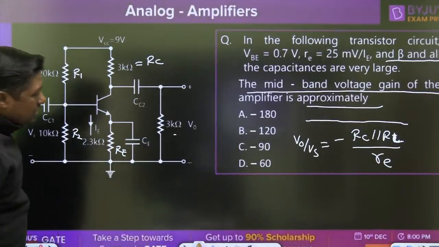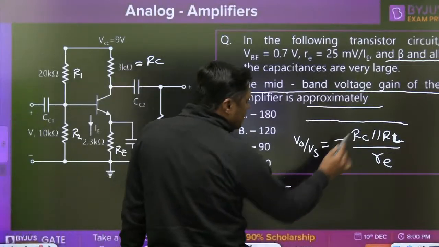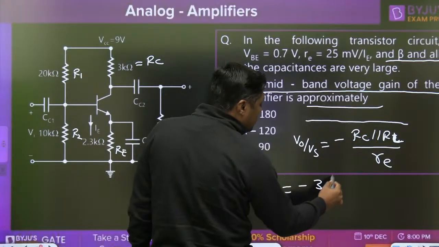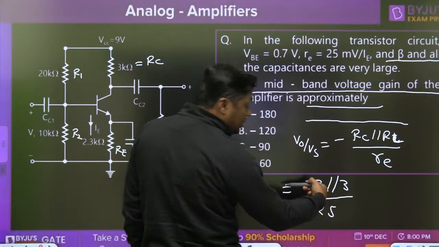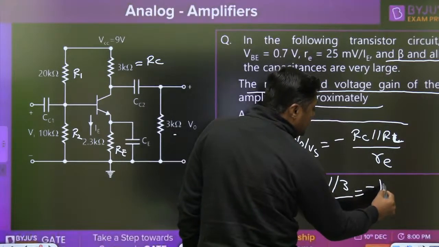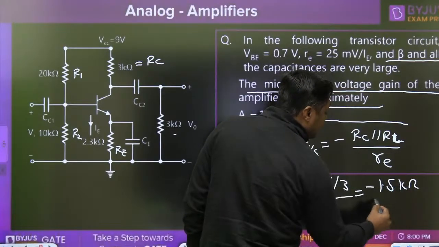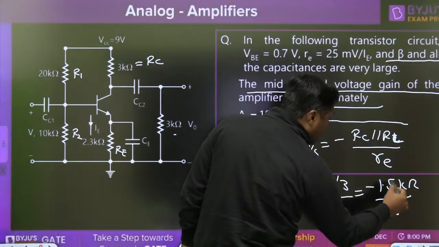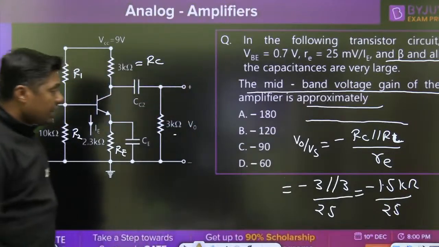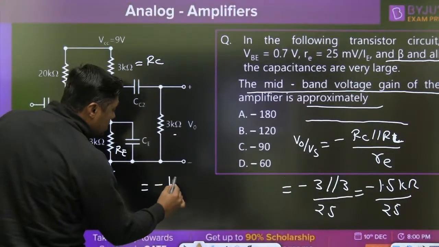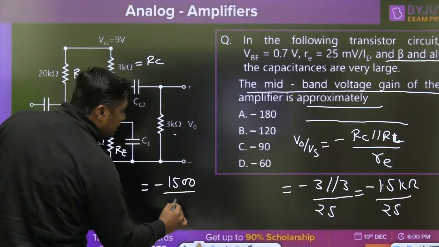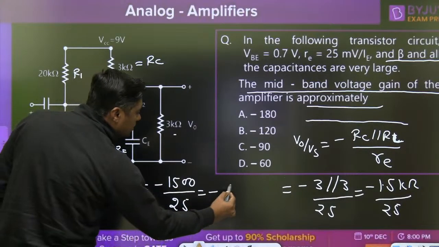Directly use this formula: minus RC parallel with RL. Minus 3 kilo ohm parallel with 3 kilo ohm upon 25 ohm. Remember, it is in kilo ohm. So it will become minus 1.5 kilo ohm. Please convert this to ohm. So you will get minus 1500 ohm divided by 25, and that is nothing but minus 60.